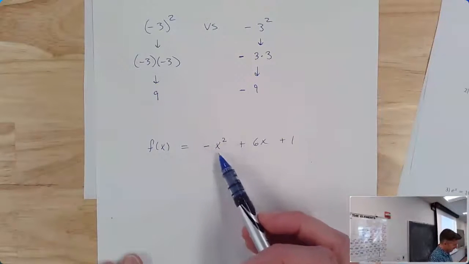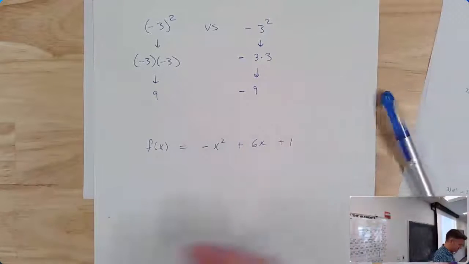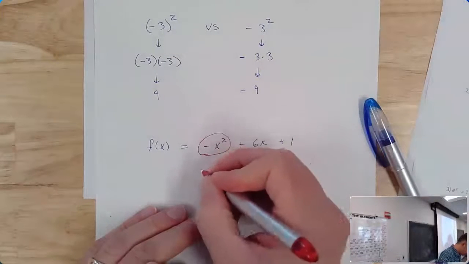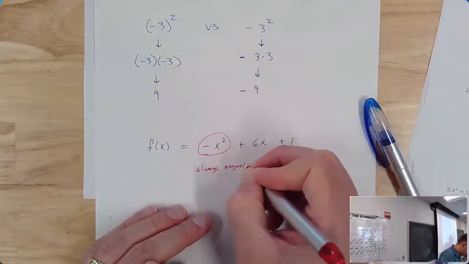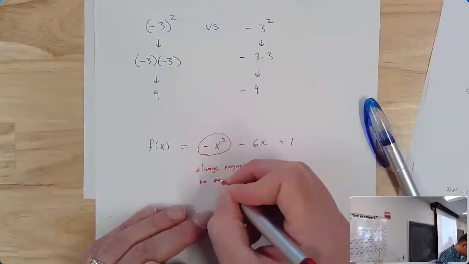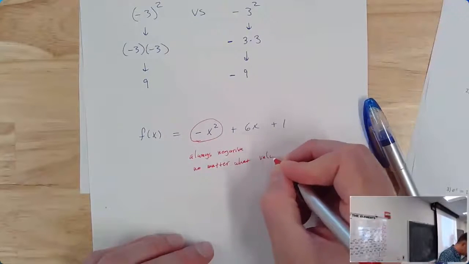So this negative x squared always gives a negative output, and then you add some other stuff to it. But this part here is always negative, no matter what value you substitute in for x.